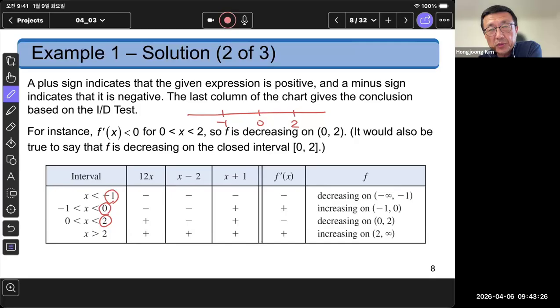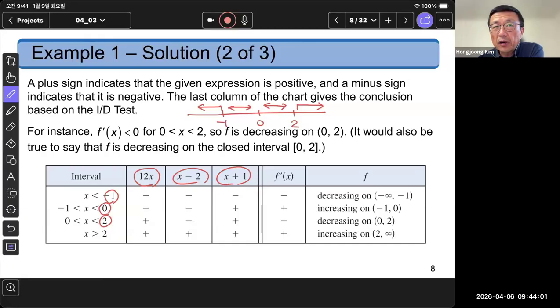These 3 points will split the real number line into 4 pieces: to the left of negative 1, between negative 1 and 0, between 0 and 2, and to the right of 2. So we split the interval into these 4 pieces. And then on each interval, you just consider the sign of each term.